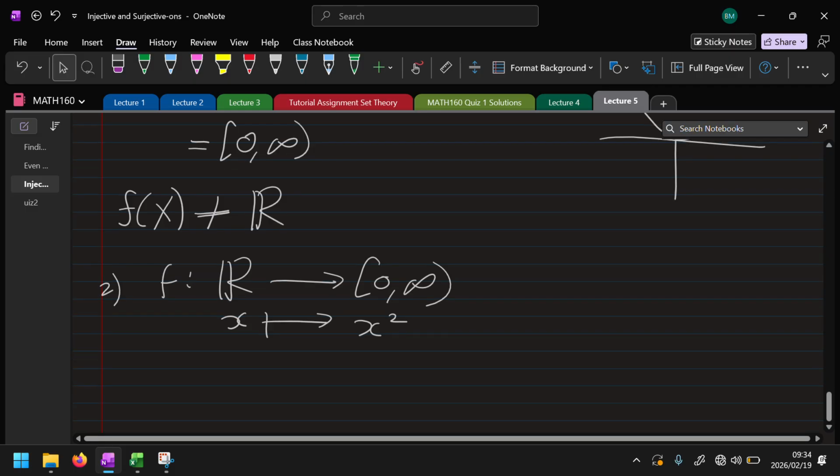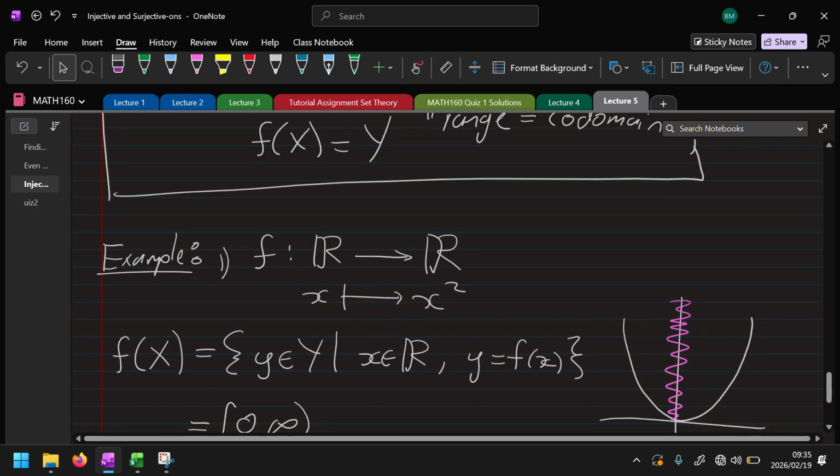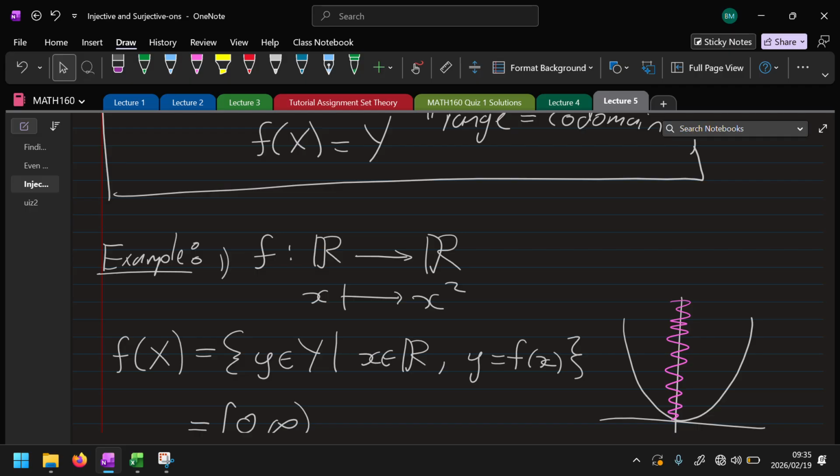I emphasized this last time and I'll emphasize it again. This x squared is not the function. All of this is the function. If I just say y equals x squared and I ask you, is this surjective? You must tell me it is an incomplete question. I did not provide the domain. I did not provide the codomain. I never gave you a function.